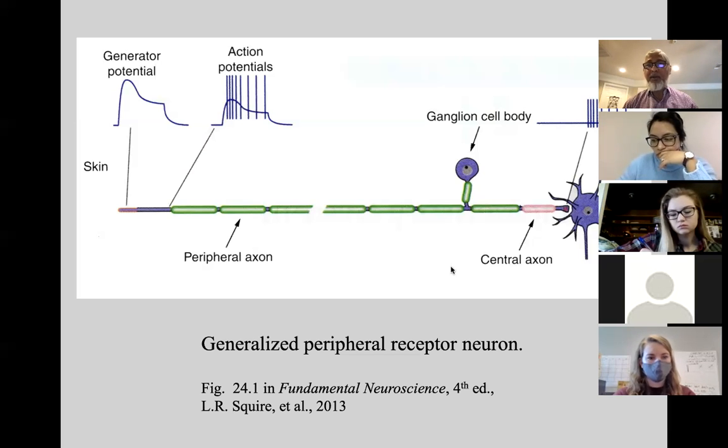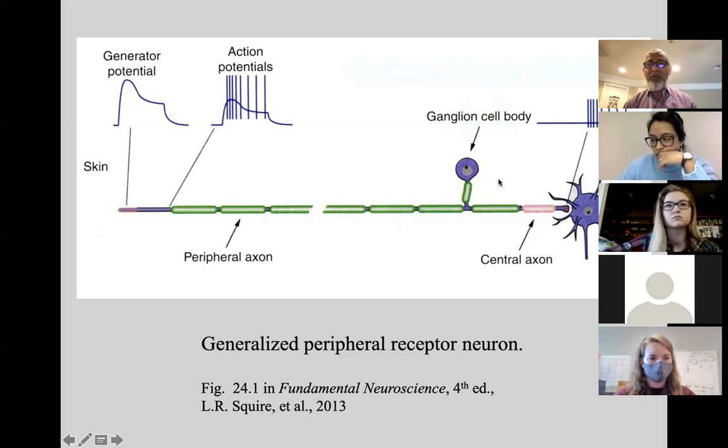Now, if a neuron has only one process, we call it a unipolar neuron. Okay, and if the neuron has two processes, we call it a bipolar neuron.